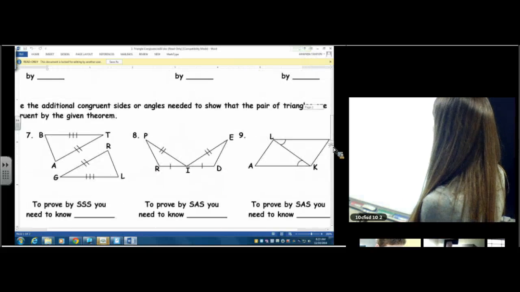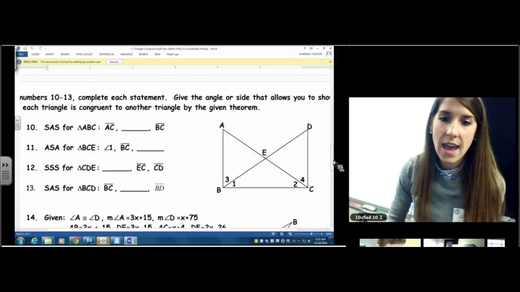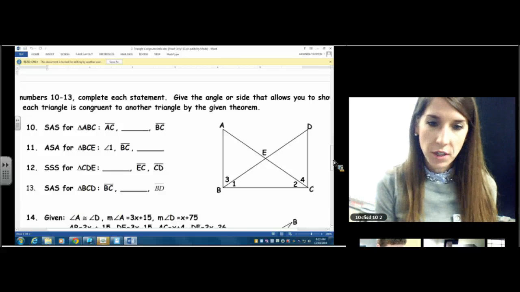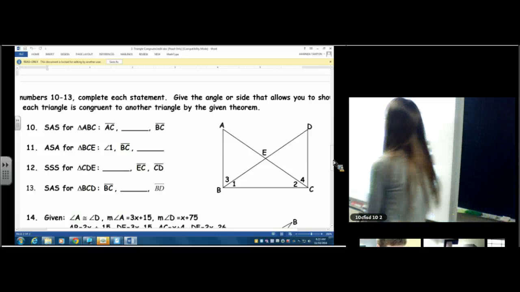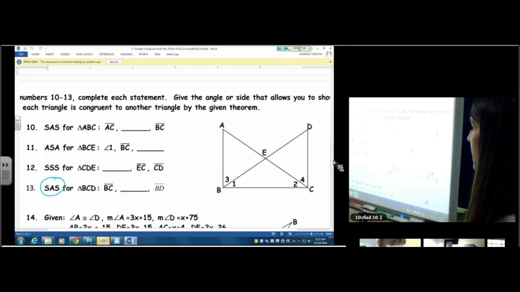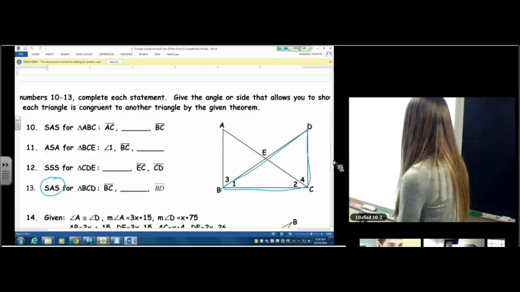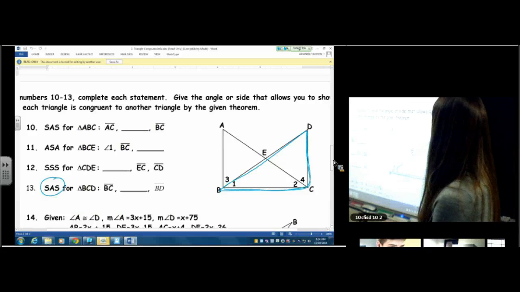On number 13, this one was different. Give the angle or side that allows you to show that the triangles are congruent by the given theorem. So on number 13, we had to use side, angle, side. For triangle BCD, they gave us BC, put a tick mark.